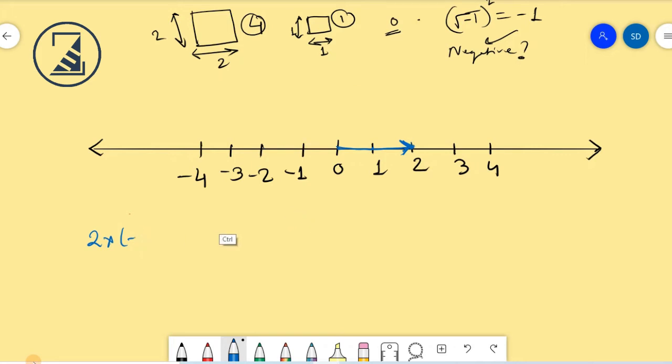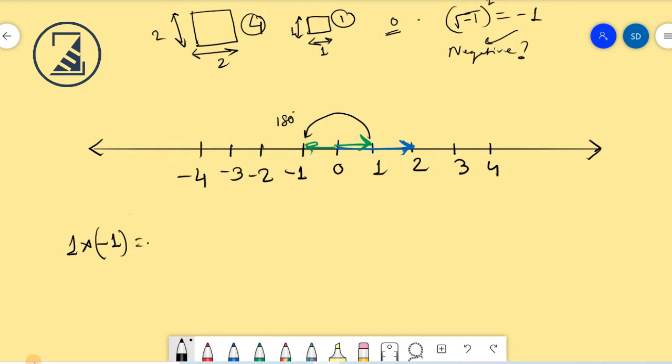Similarly, if we take the number 1, this is my 1, and we multiply 1 with -1, that is, we do a negation, it is going to rotate my number through 180 degrees, and this is my new number -1.